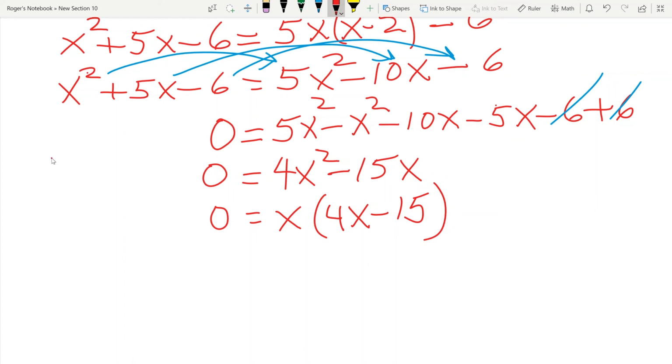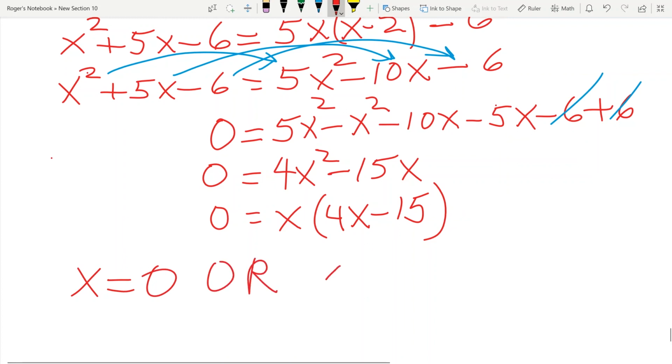Either x is 0, or 4x minus 15 is 0. So we have two possibilities. Answer number 1, x equals 0. That's one possibility. Or 4x minus 15 could also be 0.